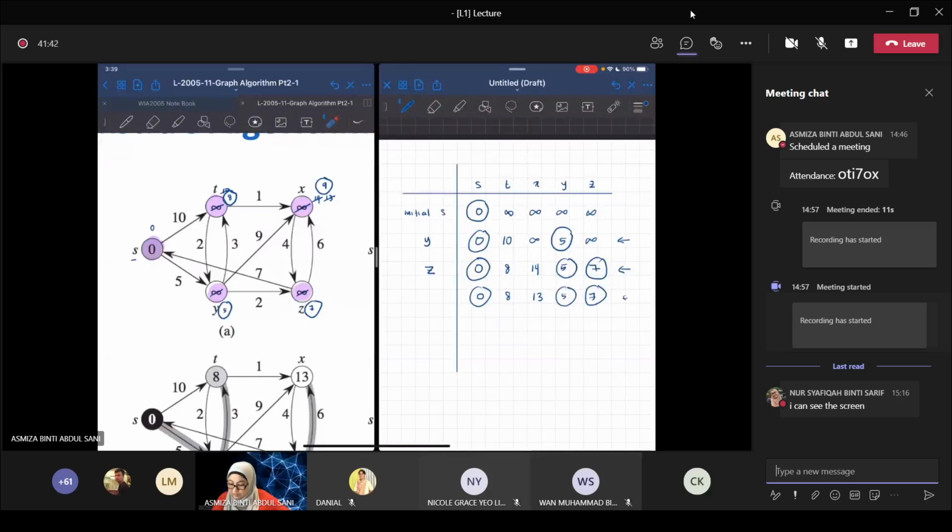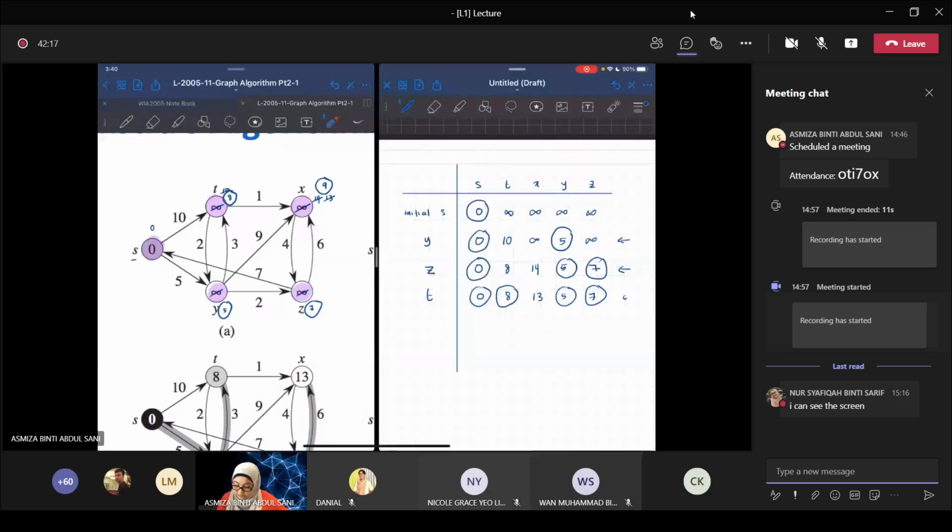And again, we choose the next one to process by looking at the smallest distance this time. So we're going to process T, and we look at T. T can only go to X, because T can also go to Y, but Y has been processed. Currently the distance to X is 13, right?